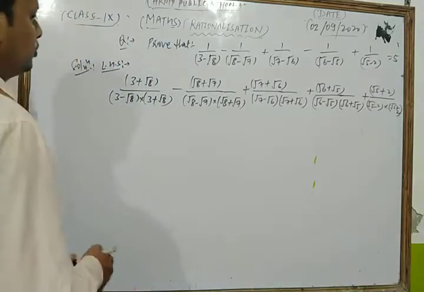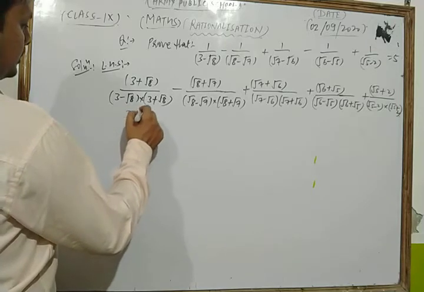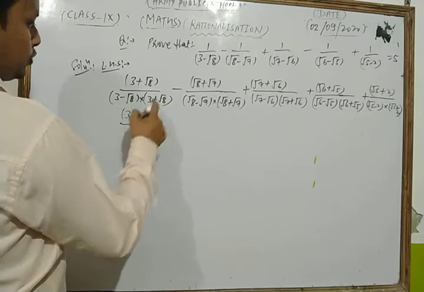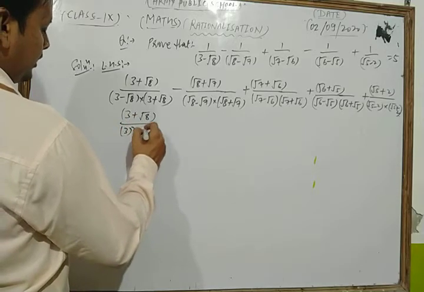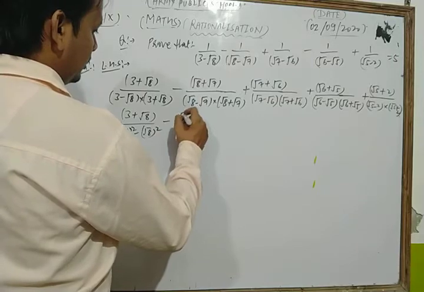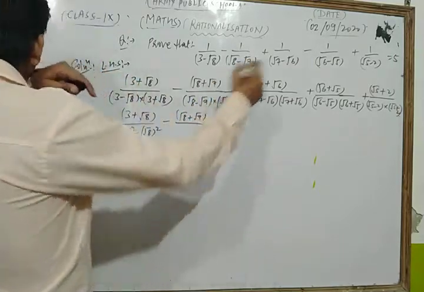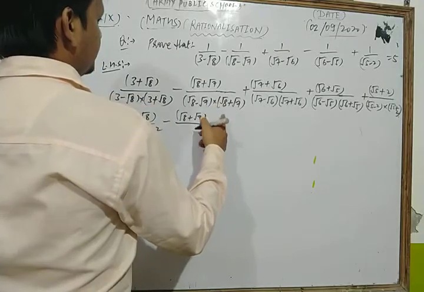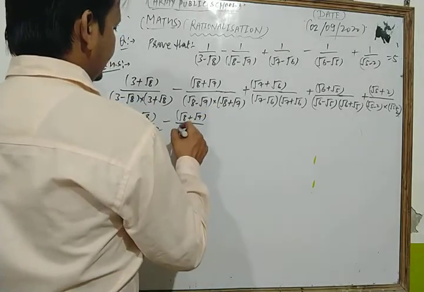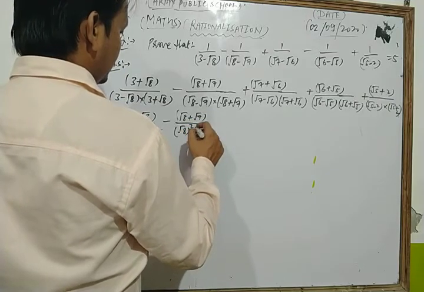Now look what I do. Here we write 3 plus root 8 as it is. In the denominator we apply a minus b into a plus b, so we write a square minus b square. Similarly here we write root 8 plus root 7 as it is, and we get a square minus b square.